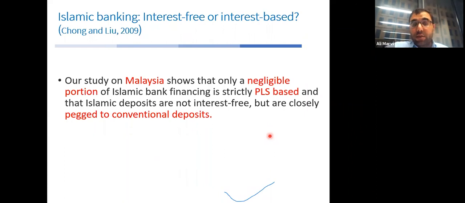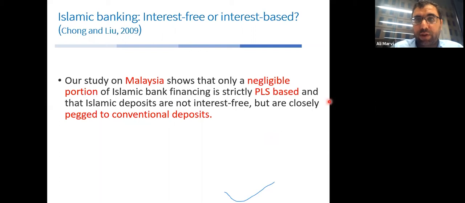But we know that these types of Islamic contracts are really similar in terms of, because we also have some kind of interest inside the contract, in spite of this kind of profit and loss sharing. And we can see from this paper, for example, that in Malaysia, the major part of financing in Islamic banks is that kind of contract, not PLS contracts.